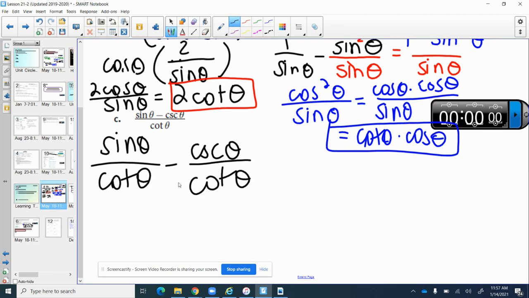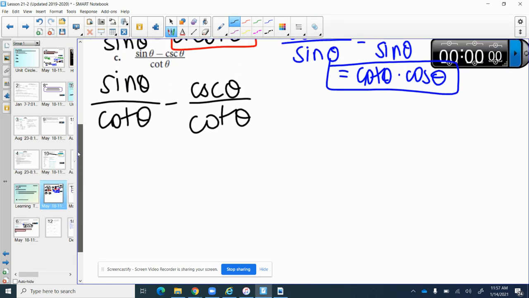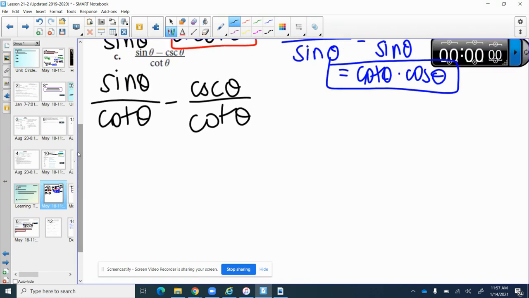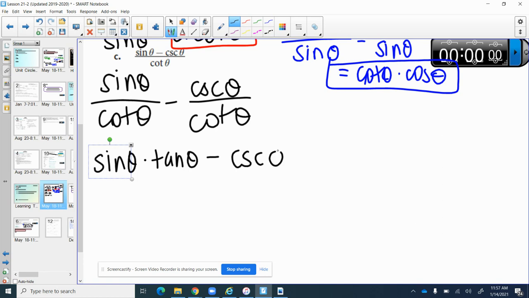Because what we can do here is if we simplify each of these like they are their own problem, we can rewrite this as sine times tangent, using the reciprocal identity, minus cosecant theta times tangent.